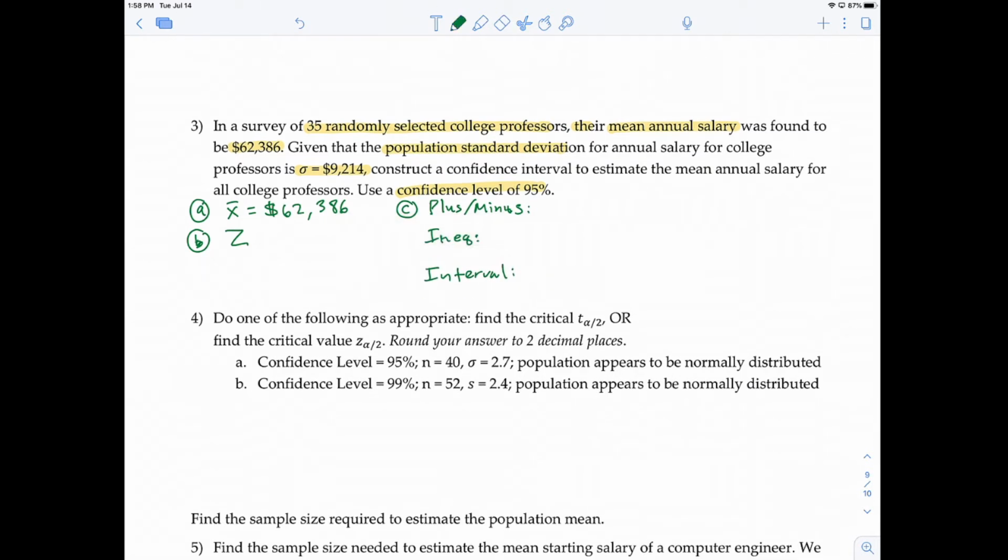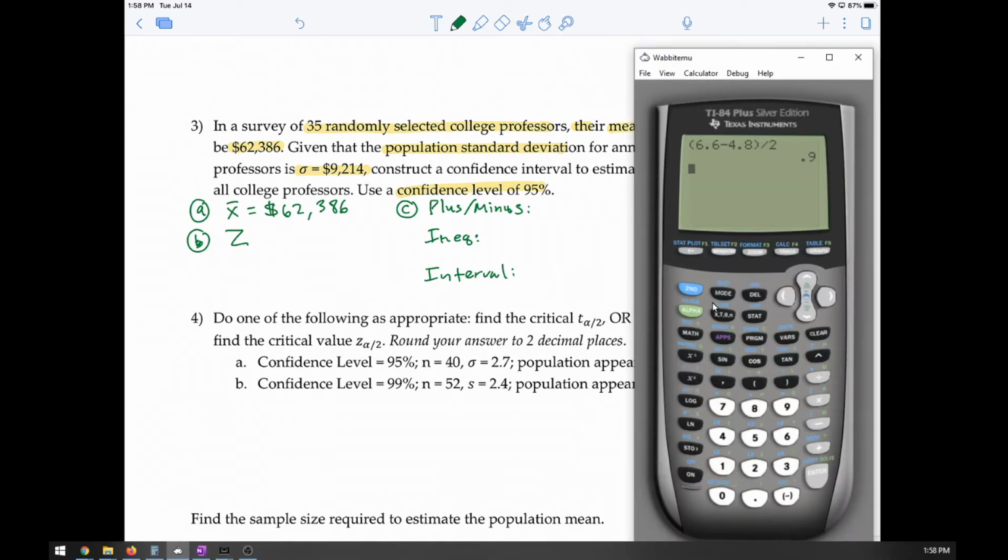All right, so let's go to the calculator. We're going to go to stat, go to tests, and we know this is going to be Z interval because it's a Z distribution and we're constructing an interval for a population mean. So we're going to press enter.